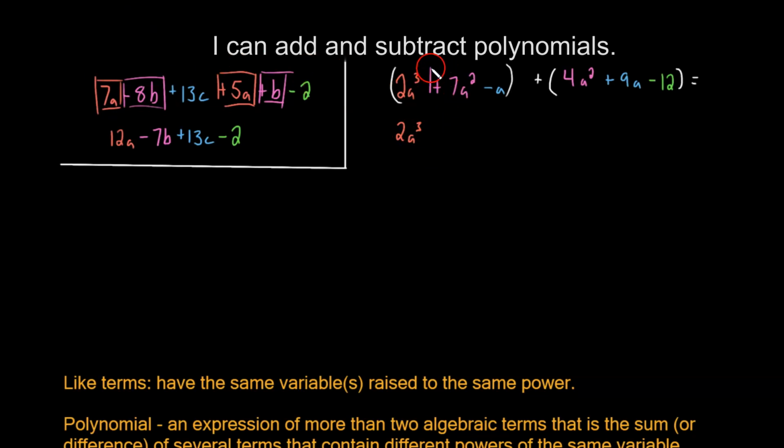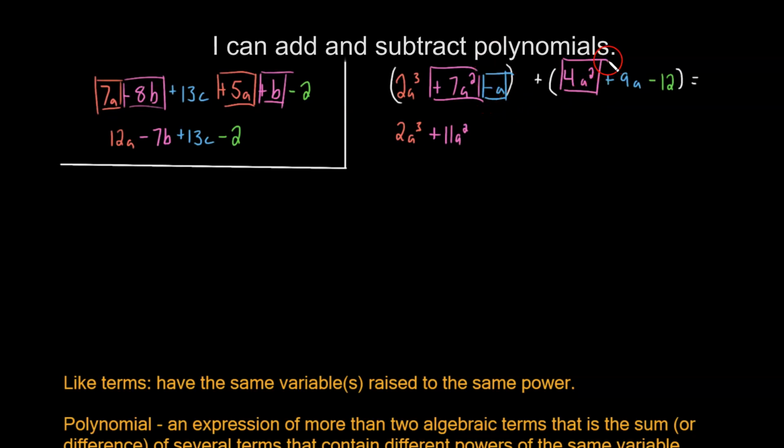Now we look over here, well, we have plus 7a squared, and we have plus 4a squared over here. And because we're adding, the symbol in front of this polynomial is adding, so we're going to add 7a squared plus 4a squared, and we get plus 11a squared. Now we've got negative a right here, or minus a, so we treat that as a negative, so it's kind of like there's a negative 1 right there, but again, we're not going to write our 1s in front of our variables.